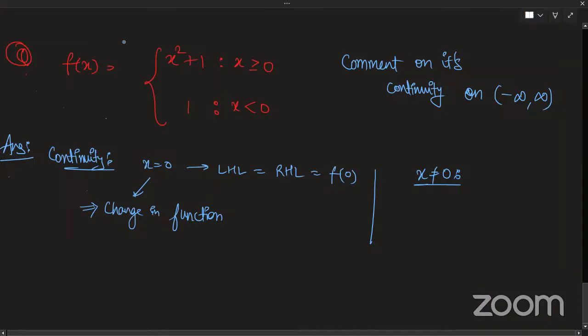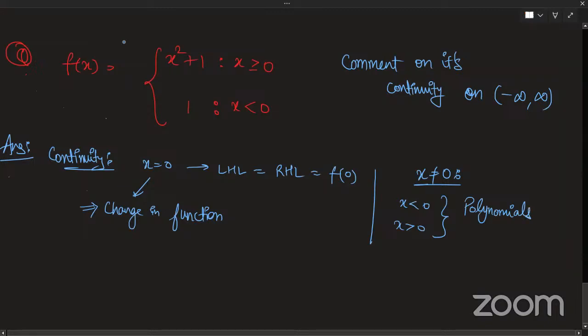It is really simple. It is continuous, obviously. The function is continuous starting from minus infinity to infinity. But we are not checking because you can just see if x is not equal to 0, either your x is lesser than 0 or your x is greater than 0. Both of these are polynomial functions.